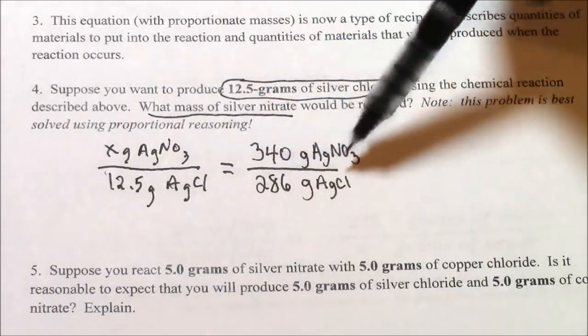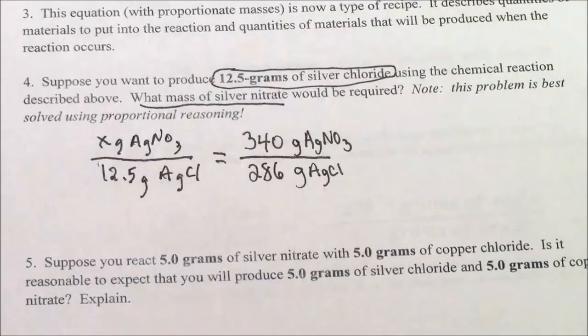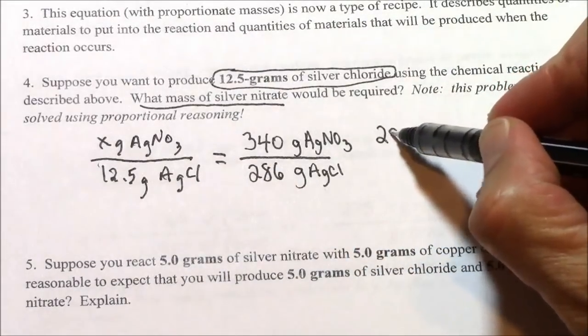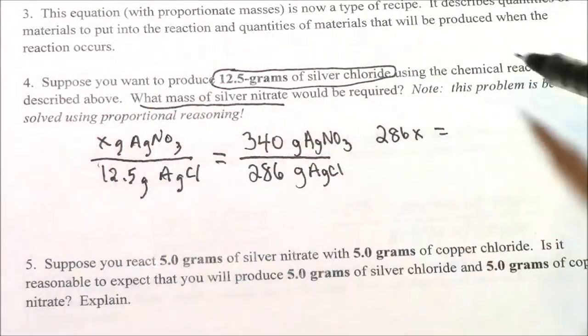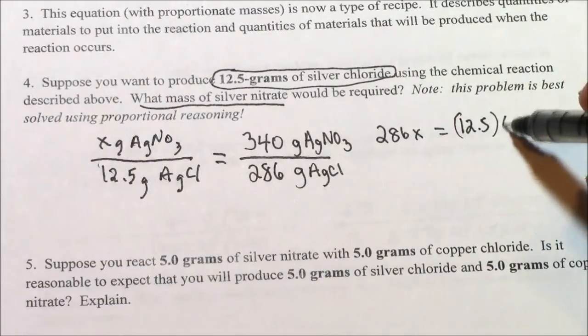If you haven't already solved this, pause the tape now and solve it before I show you the answer. I'm cross multiplying. I have 286x equals 12.5 times 340.